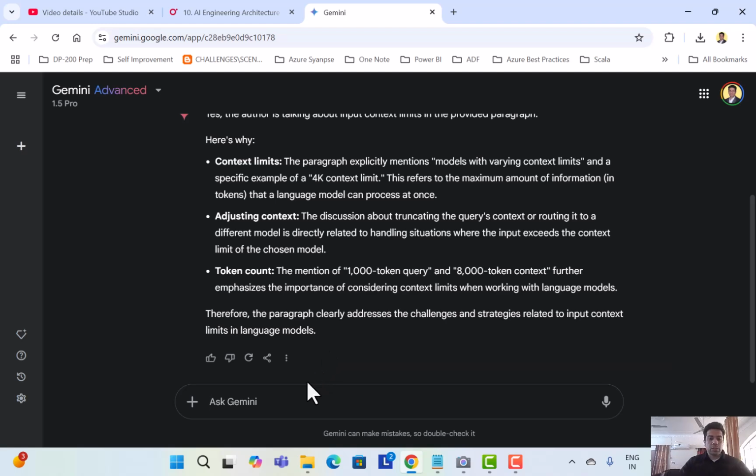So let me type in the below paragraph: is retrieval applicable only to RAG systems?